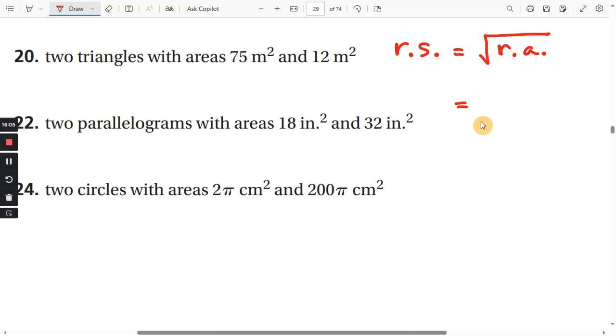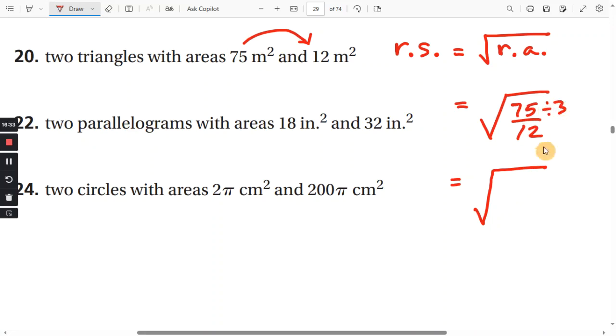All right, so that's going to be the square root of the ratio of the areas. What's the ratio of the areas? It's 75 and 12. So just do 75 over 12. All right, always try to reduce it first. So we have the square root, 75. These are both divisible by 3. 75 divided by 3 is 25.